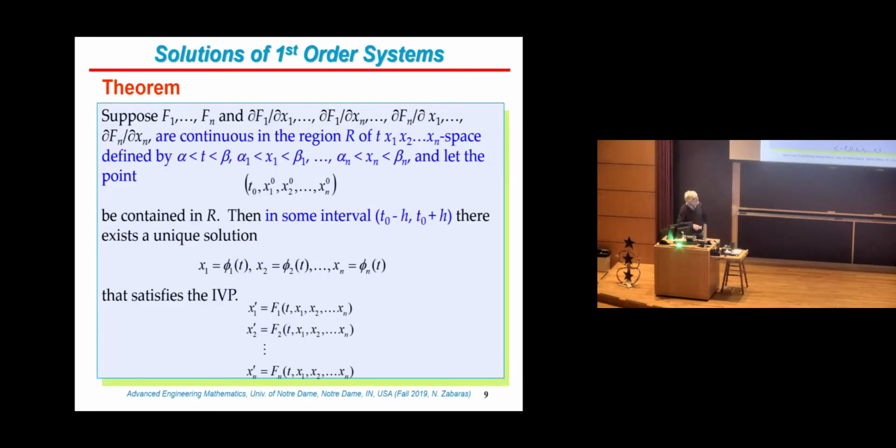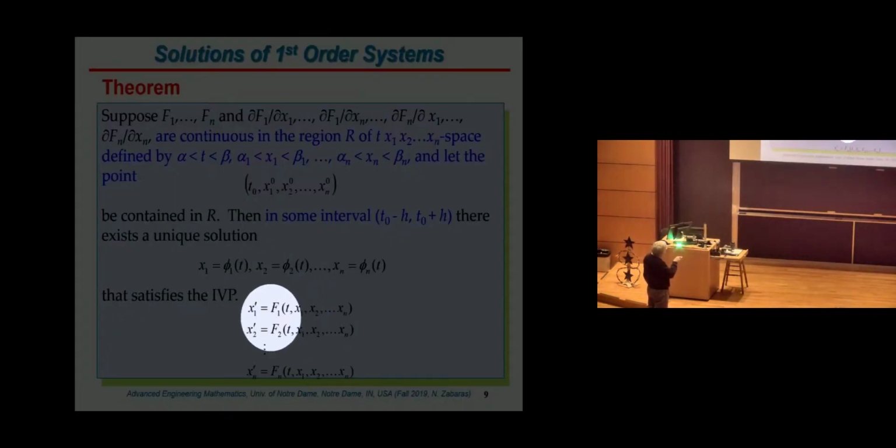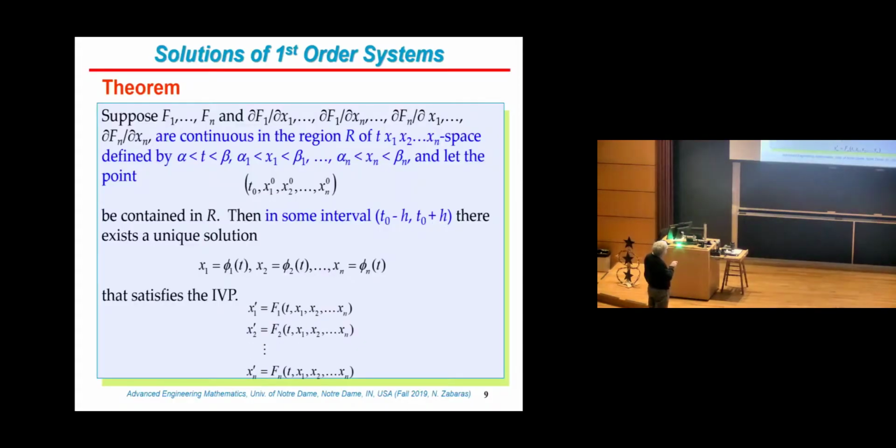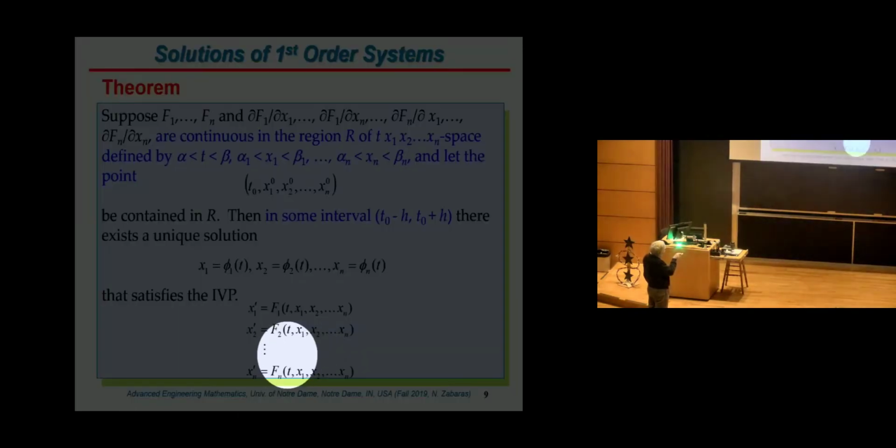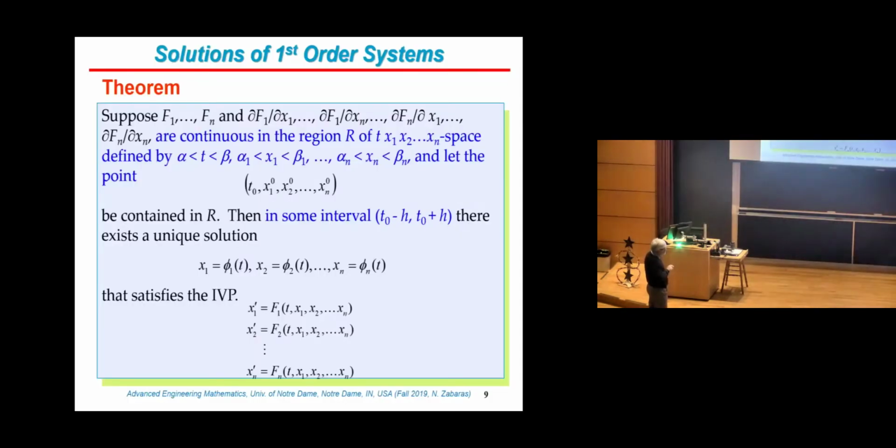Don't pay attention to your computer, because I'm going to be doing a lot of jumping starting now. The system of equations we're going to look at is the one you see on the bottom. In general, this is a system of nonlinear ODEs. t is the time. Obviously, I have to provide some initial conditions at time t0, x1,0 to xn,0. And in a rather straightforward manner, you can show that if these functions are continuous and their derivatives are continuous, then there is a solution on some interval around the initial condition.